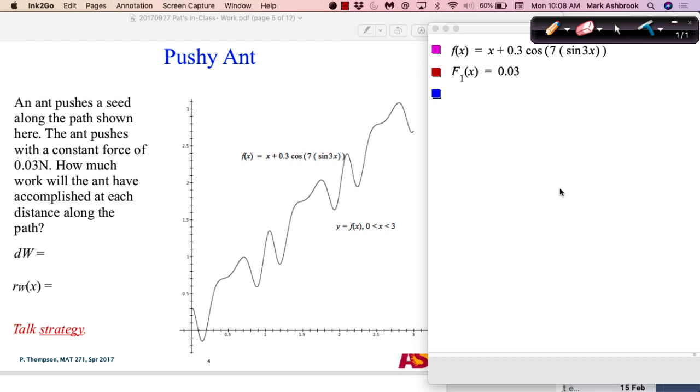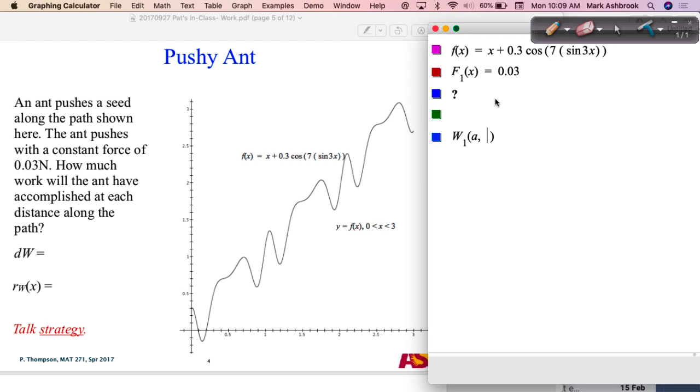Eventually I want the work, and we're going to call this work 1, because we're going to do another one later. So work 1, and I want to use my 2-argument function notation.